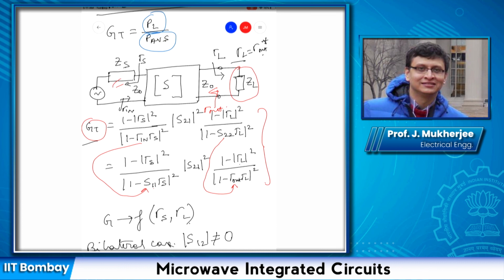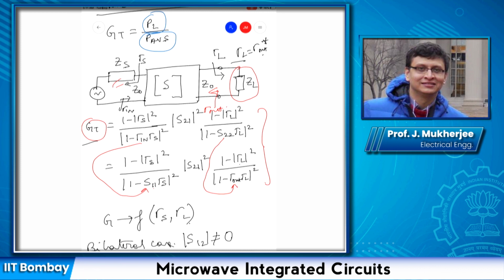That will again change the value. The moment I change gamma S, that will change the value of GT. So one way to do it is using an iterative procedure where we change gamma S and gamma L repeatedly till we obtain the correct value of GT. But that is not that convenient.